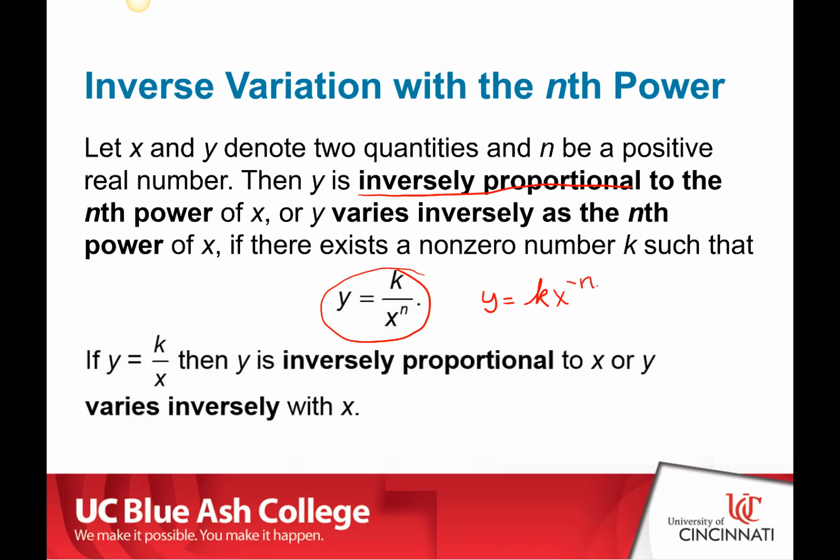What does the negative mean? The negative means that you want to put that variable in the denominator. So that's another way to write it. So be careful. It's easy when you're looking at the equation to overlook that negative sign.